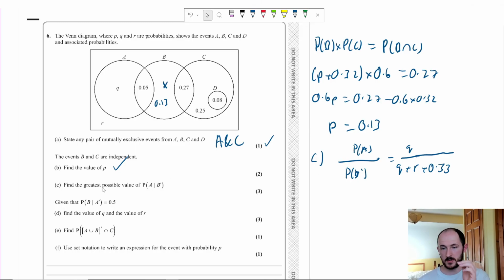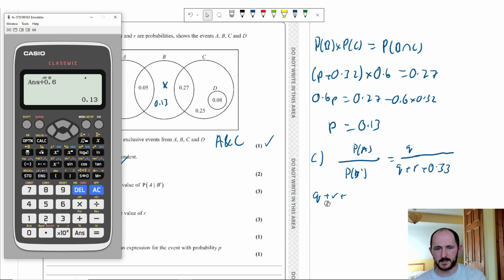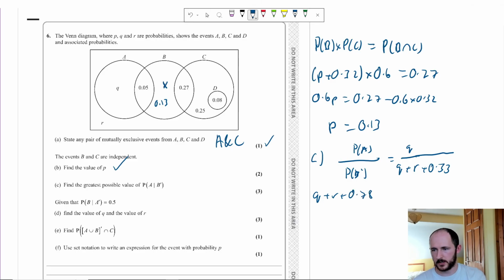So where can we go from here? Since it says find the greatest possible value, that means we're not actually working out the answer. So we're not working out Q or R, we're trying to work out the greatest possible value of those. Now, the other thing that we can say is that all of the probabilities in here should add up to 1. So in other words, if I add all these up, that's 0.05 plus 0.13 plus 0.27 plus 0.25 plus 0.08, I get 0.78, and Q plus R plus that should equal 1.